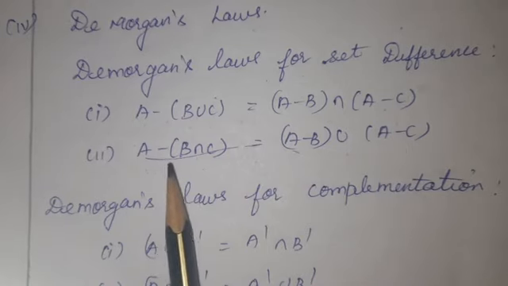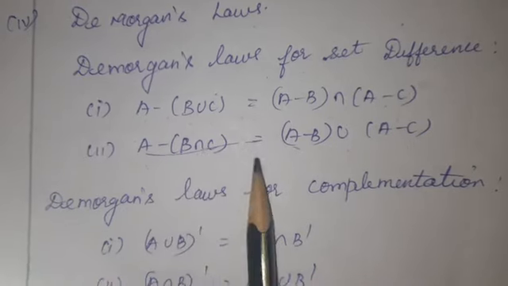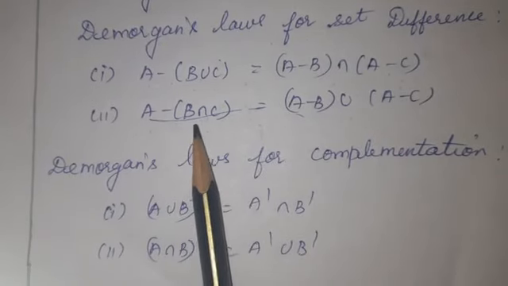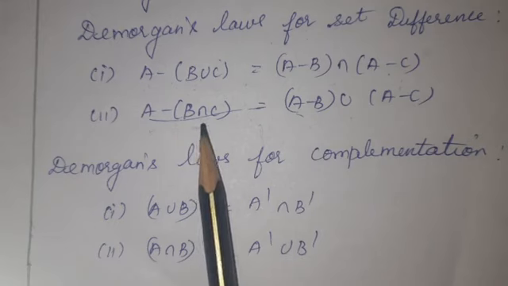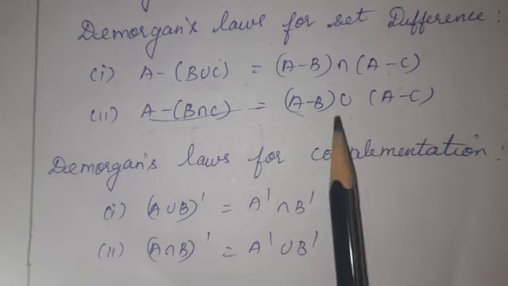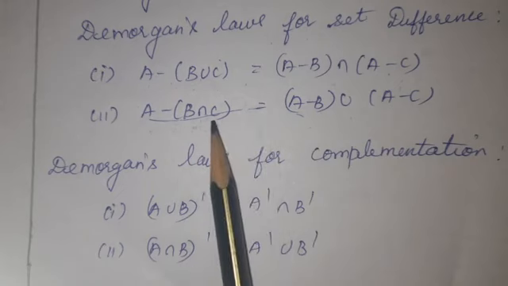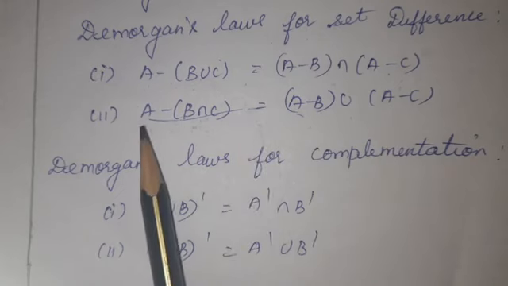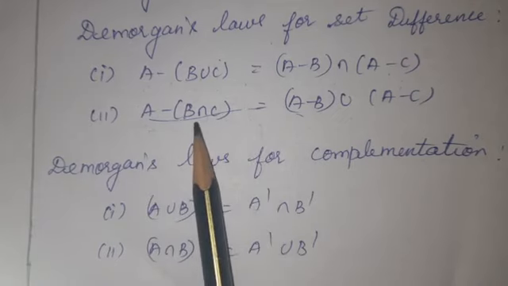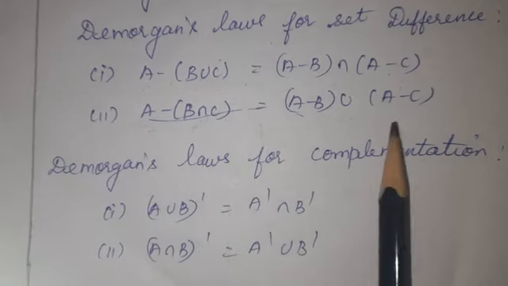Second one, A difference (B intersection C) is equal to, here also you multiply A difference B. On the LHS side intersection comes, on the RHS side it will come union. So, union A difference C. A difference (B intersection C) is equal to (A difference B) union (A difference C).